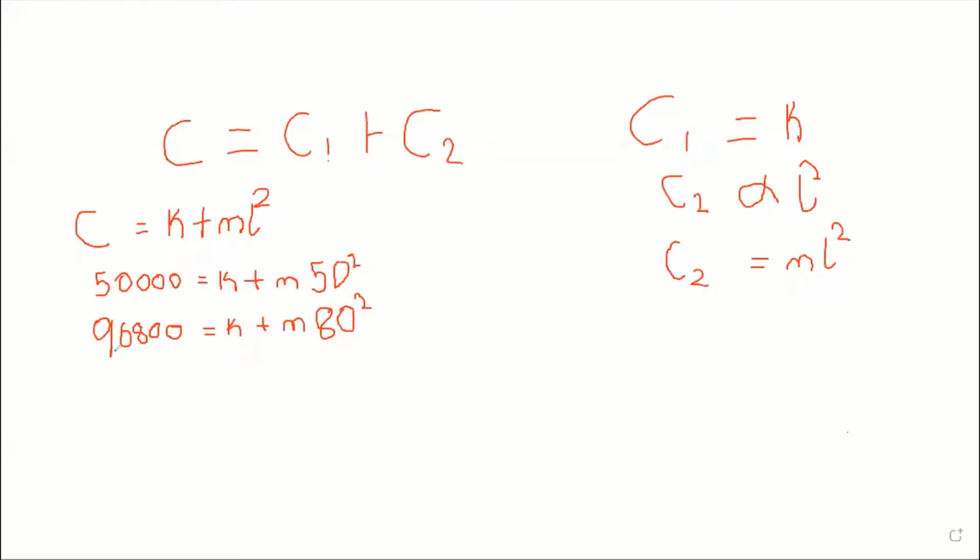I'm first going to arrange them in an order that I feel comfortable, which is K plus M 80 squared is equal to 96,800.